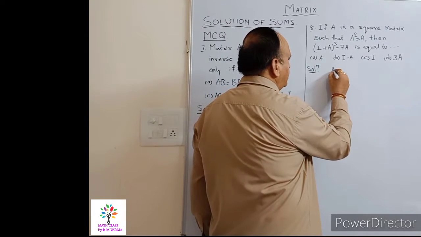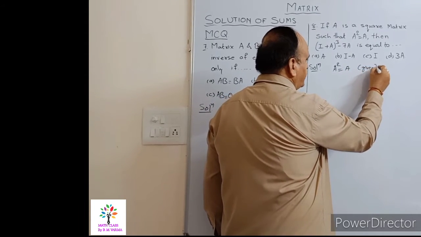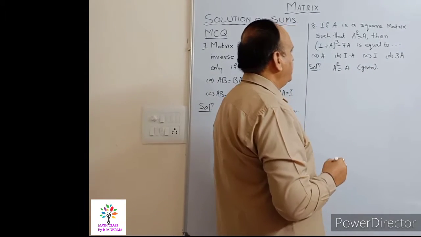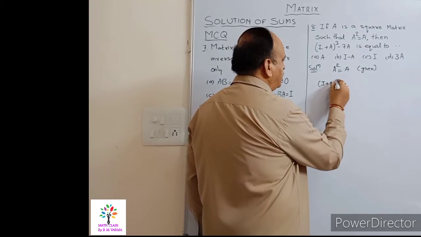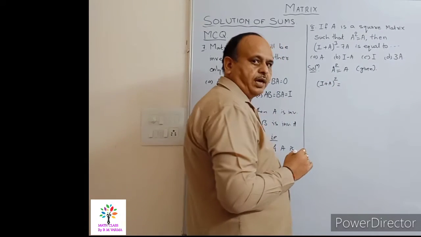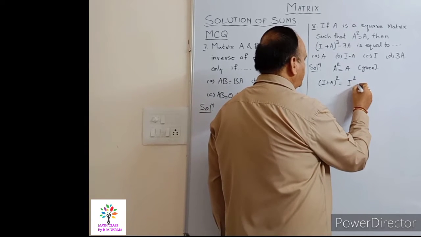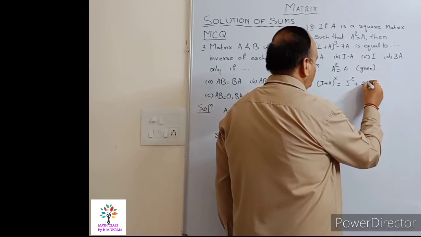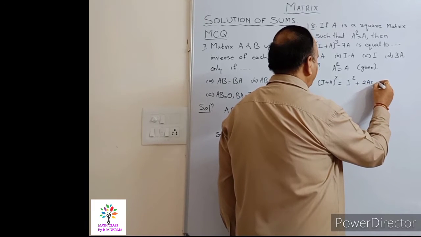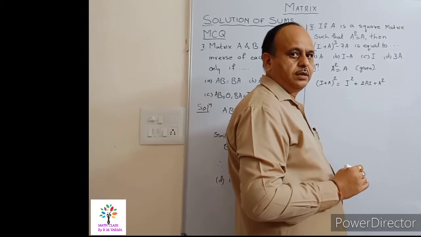We are given A square equals A. This is given to us. You will take help of this. Now, (I plus A) whole square can be written as I square plus 2AI plus A square, correct?